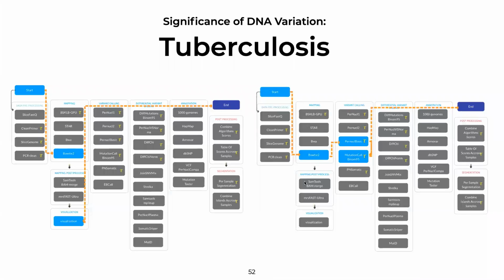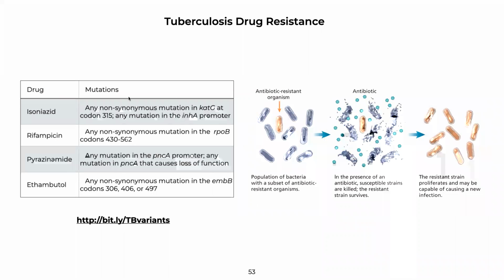Some other applications you can see here for tuberculosis. For example, we can visualize and also study differences between different samples, leading us to discover how we can annotate these different types of tuberculosis drug resistance or multiple drug resistance mutations.